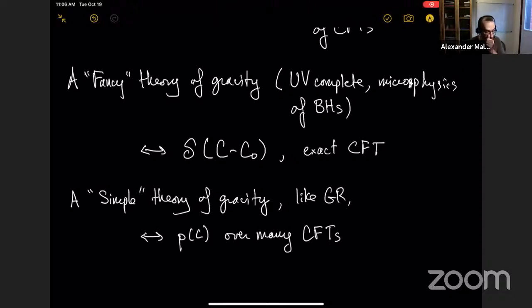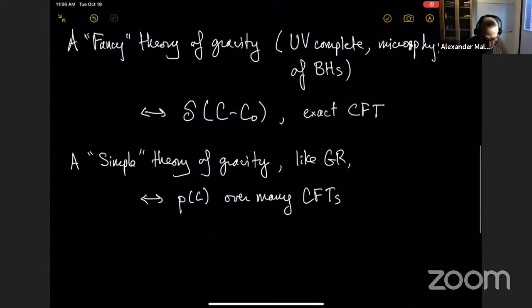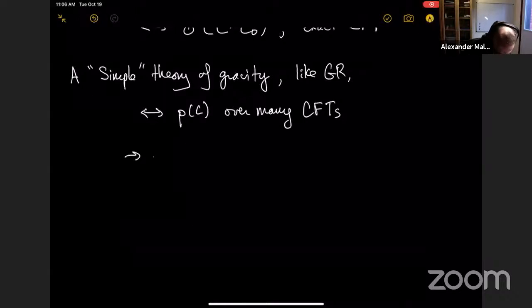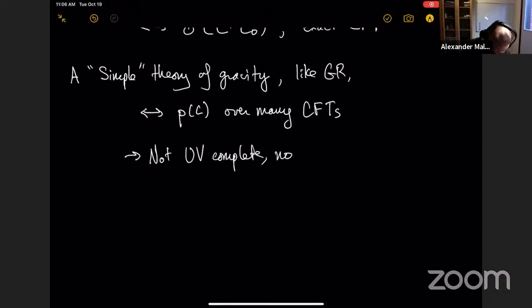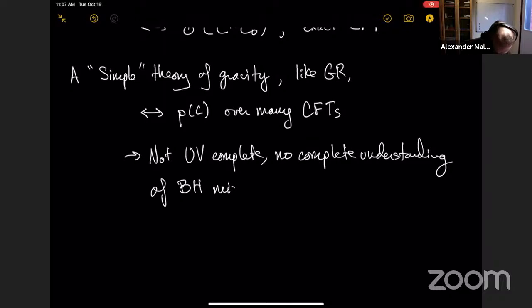And this has the advantage that it is not a complete UV complete theory. So it's not UV complete. There is no complete understanding of black hole microphysics. But nevertheless, we can understand, for example, the path integral of the theory exactly.